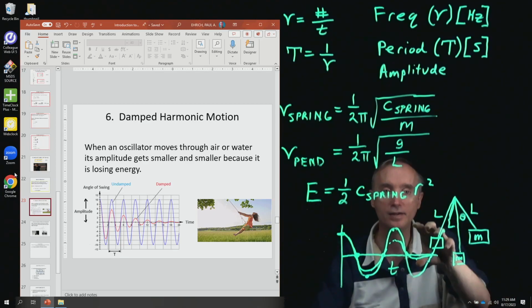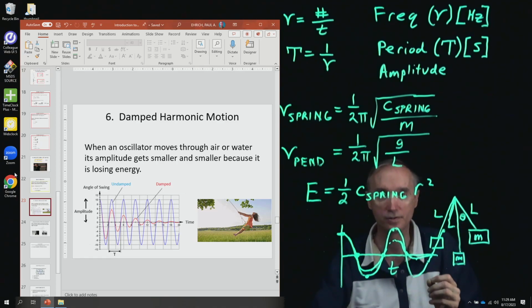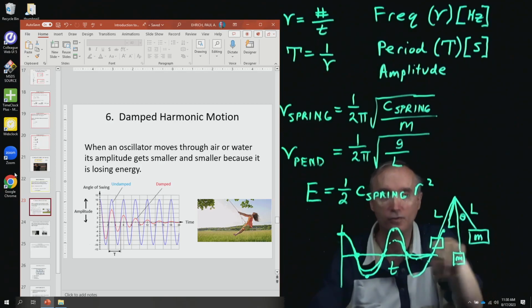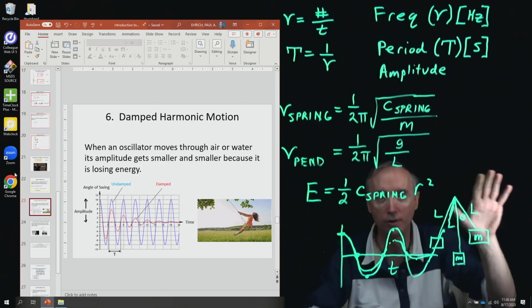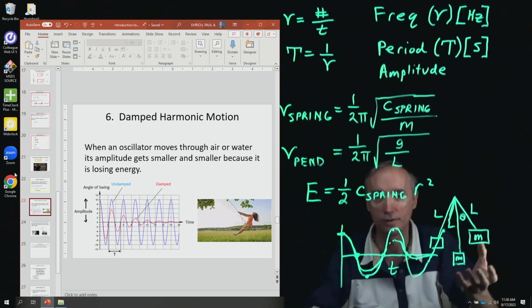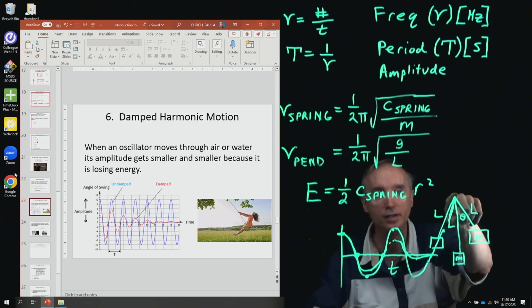In the case of the person in the swing, it's wind resistance. As they're going back and forth, the wind is blowing against them, so you're getting air resistance, and that is what's causing energy to escape. There's also a little bit of heat right up here where the rope is attached to the tree.